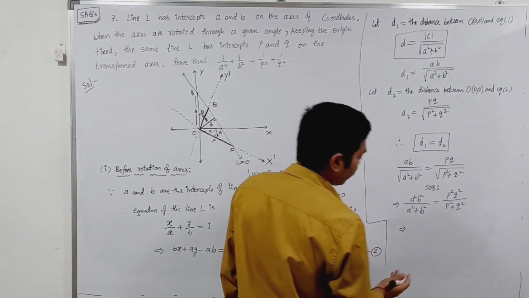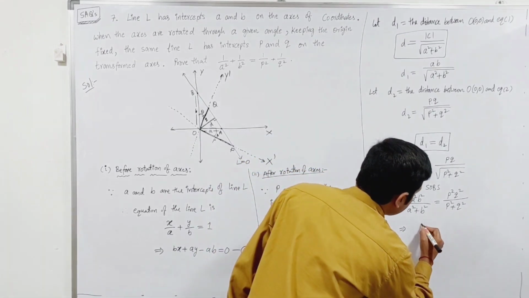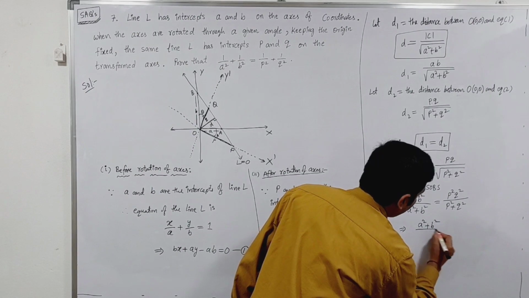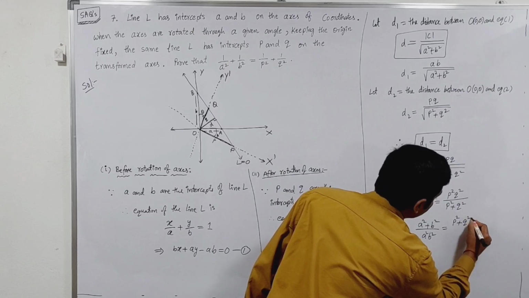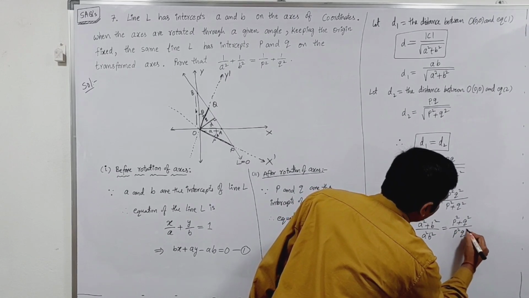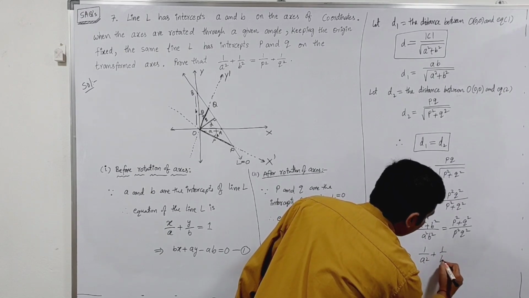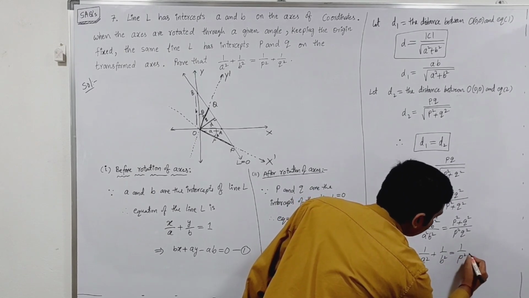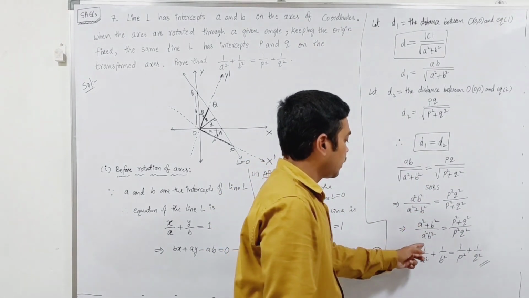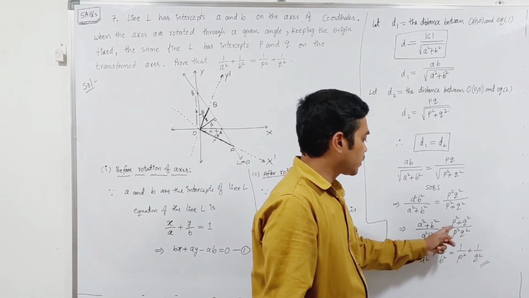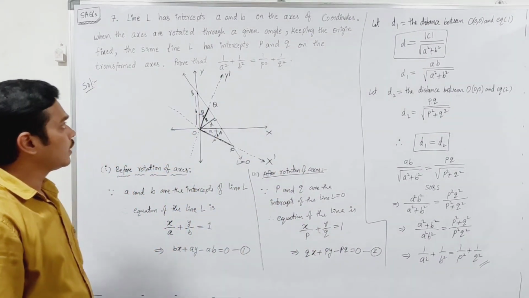Interchange the numerator and denominator, rotate the fraction. We get a square plus b square by a square into b square is equal to p square plus q square by p square into q square. Split the denominator: first term by denominator plus second term by denominator. We get 1 by a square plus 1 by b square is equal to 1 by p square plus 1 by q square. We get the relation between a, b, p, q.